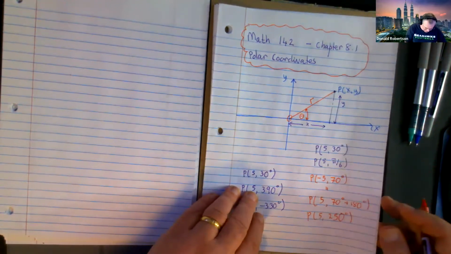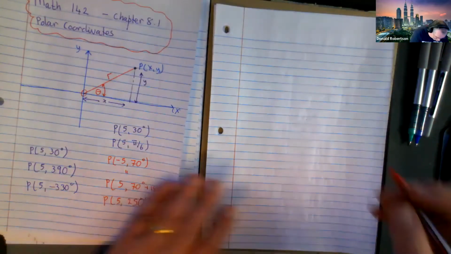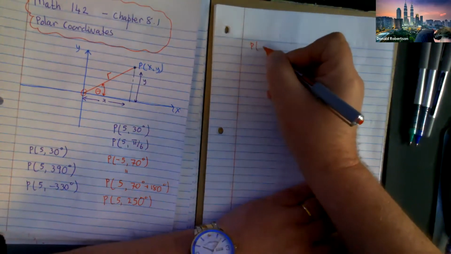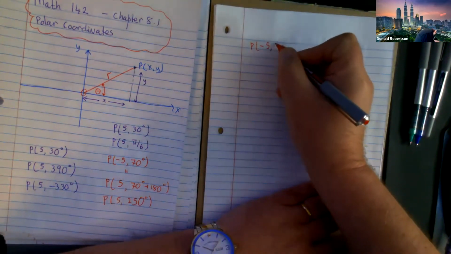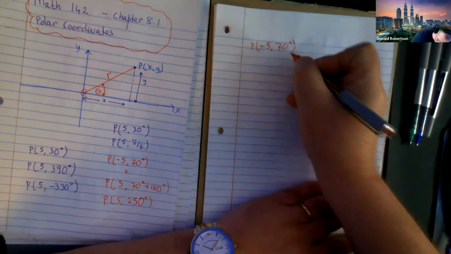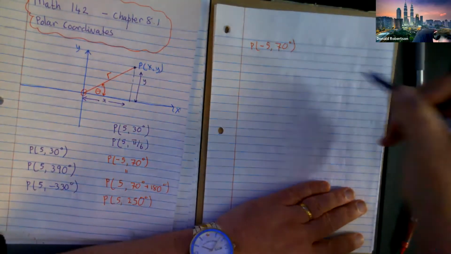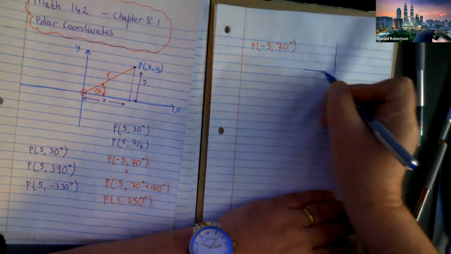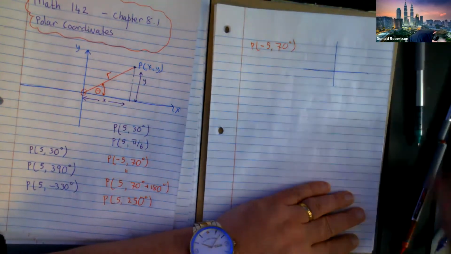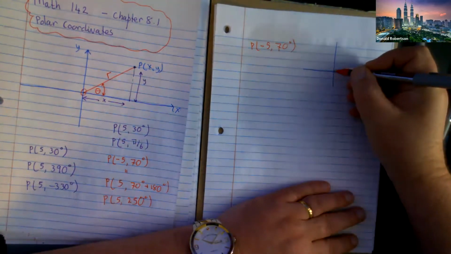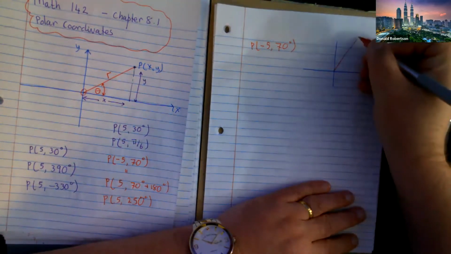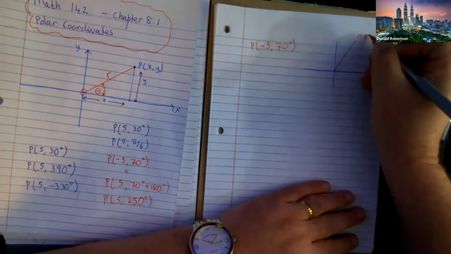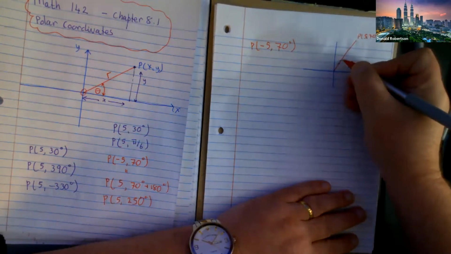So let me show you as a little picture what the point with polar coordinates -5, 70 degrees would look like. It would be very accurate, but it doesn't need to be. I'm going to draw 5, 70 degrees, right? 1, 2, 3, 4.